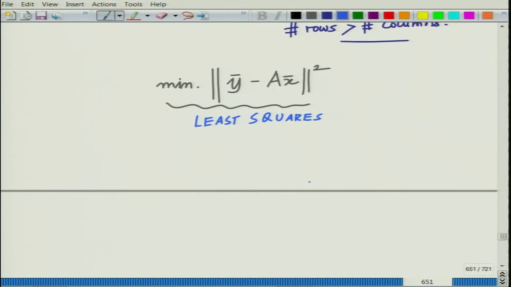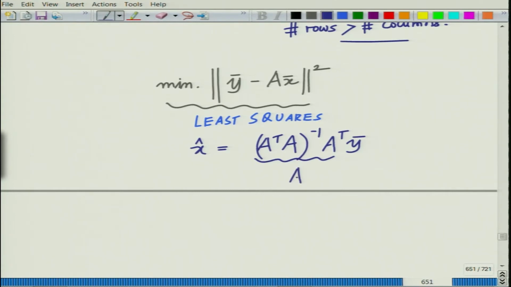And remember, the solution to this is given as, now this is essentially the key, x equal to A transpose A inverse A transpose y bar, and this quantity we also call the pseudo inverse of A. We denote this by A dagger, so x equals A dagger y bar.